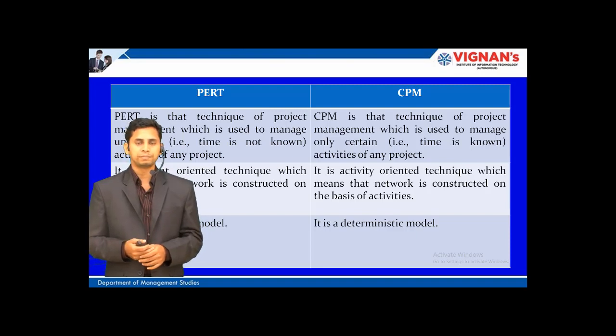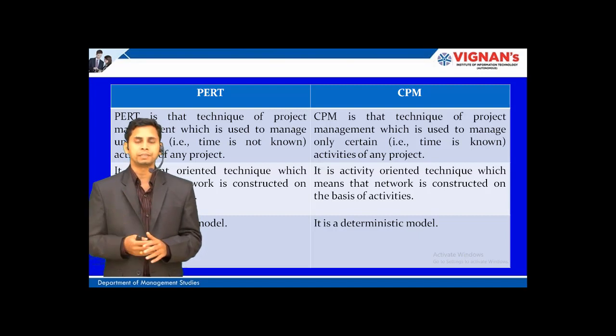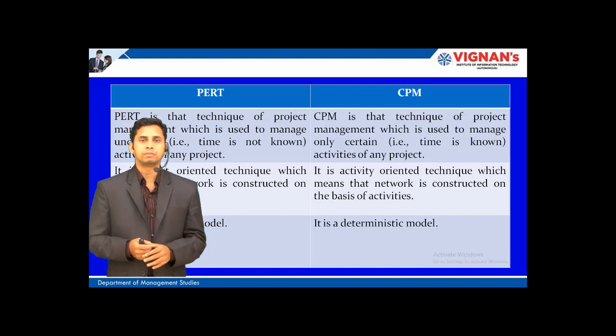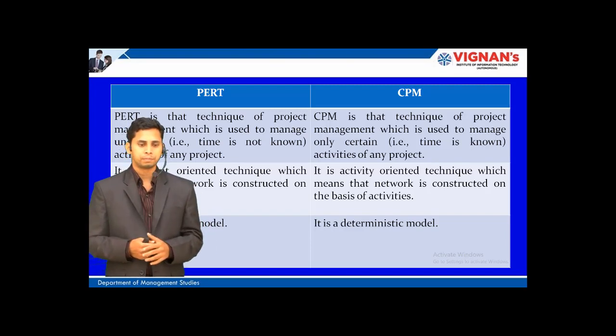Whereas CPM is an activity oriented technique. An event is a circle, and an activity is a forward direction arrow. So CPM is based on the activity, whereas PERT is based on the event. PERT is a probability model because we don't know the exact time for the completion of the project, so it is based on certain probability.